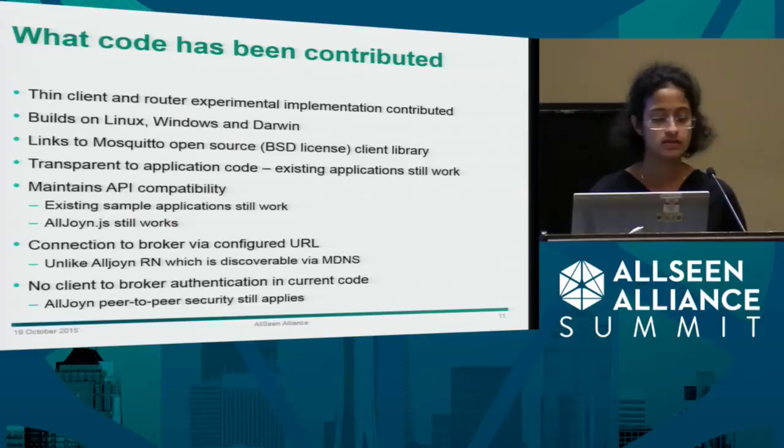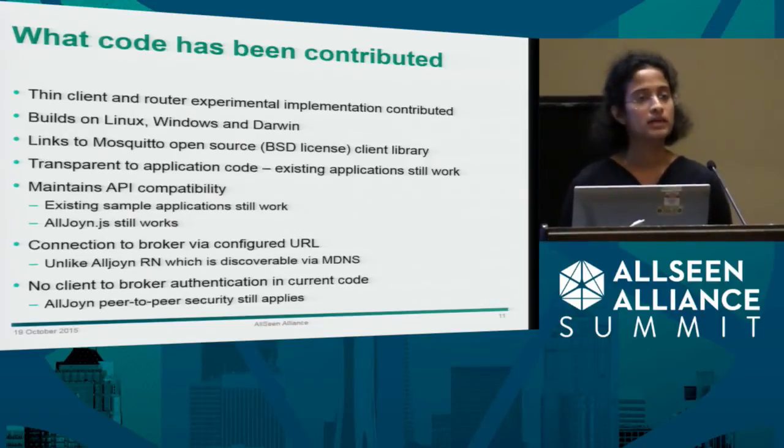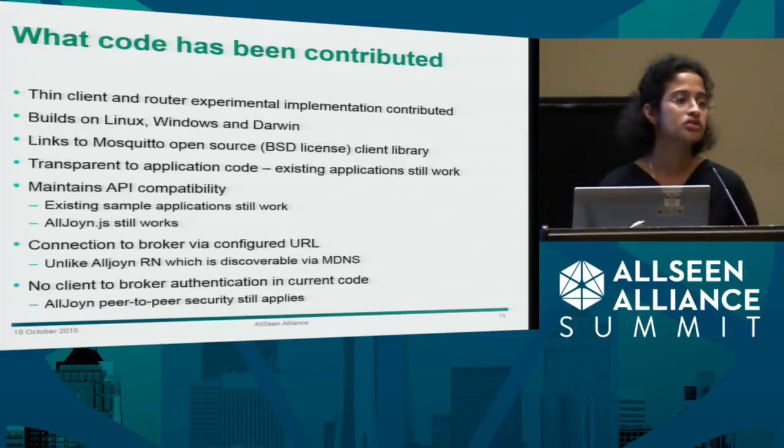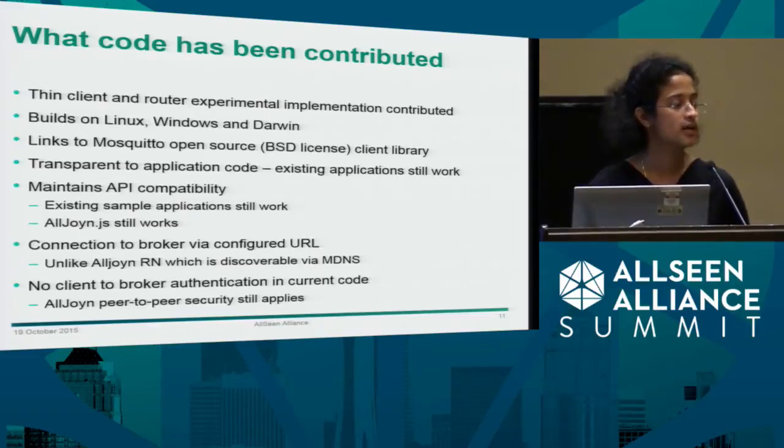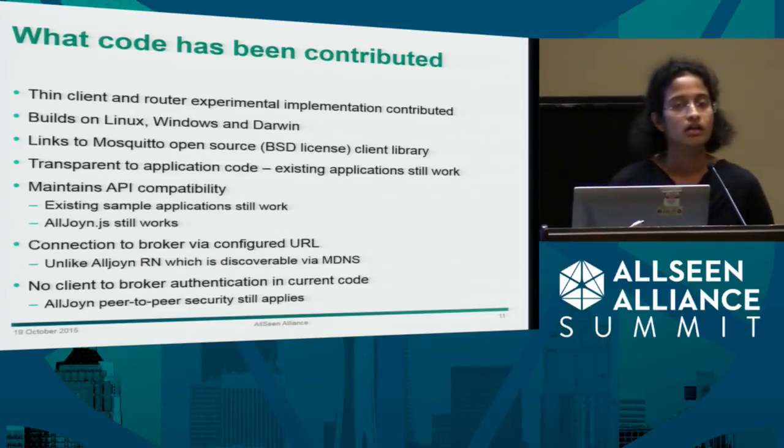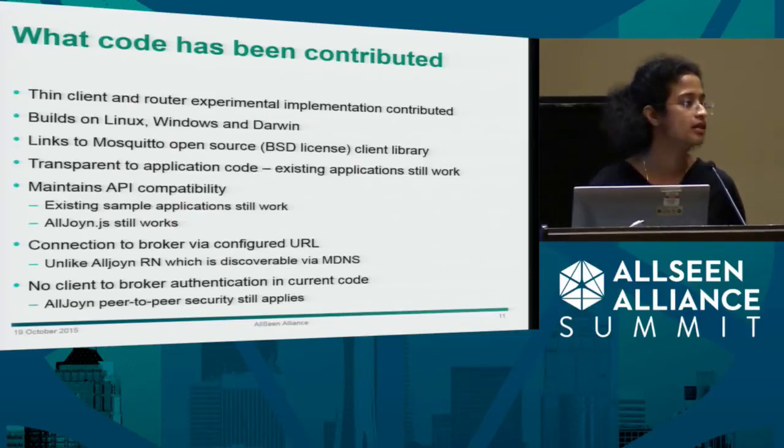There are no new APIs. One major difference to note is that AllJoyn routing nodes are discovered via mDNS, whereas the configuration to a broker is currently defined at build time. We do not have any client-to-broker authentication as of now, but the AllJoyn peer-to-peer security model will still apply.